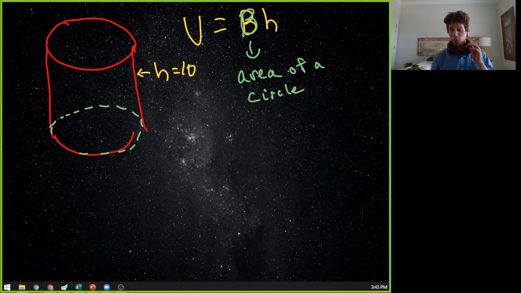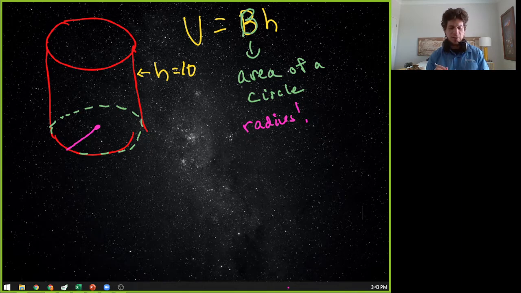And there's only one thing we need to find the area of a circle, and that is the radius. Just to recall, the radius starts from the center of the circle and goes to the edge of it. So a radius could look like this. Maybe we'll make this radius a nice easy one. We'll say it is 2.